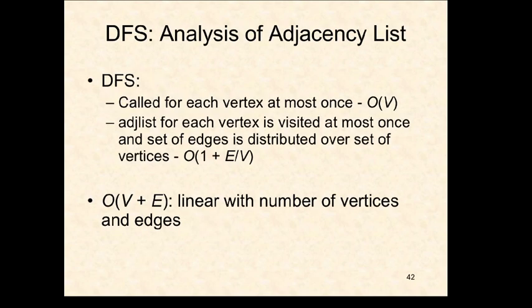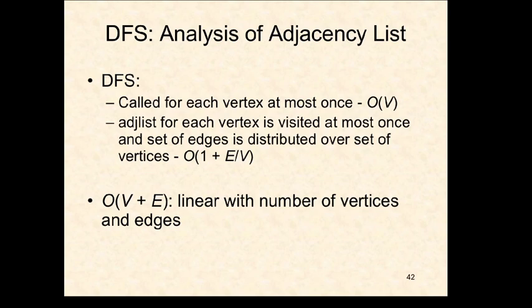Okay, so if we do this depth first search, what we mean by called for each vertex here is that each vertex is going to be pushed at most once. There might be some vertices that never get pushed because they're a ways away and we find the goal before we ever reach them. If a vertex is added to the stack, it will be popped at most once.